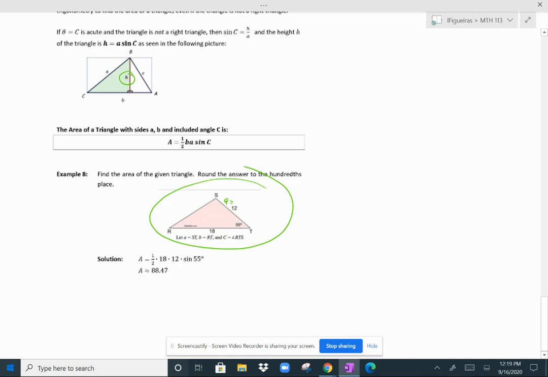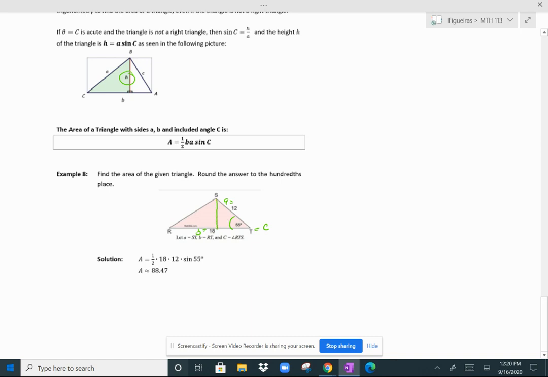Side B is RT, which is equal to 18. And angle C, which was the angle that I stated above, is RTS. So it's going to be on the opposite side. This is what I called C before, and that's given to be 55 degrees.